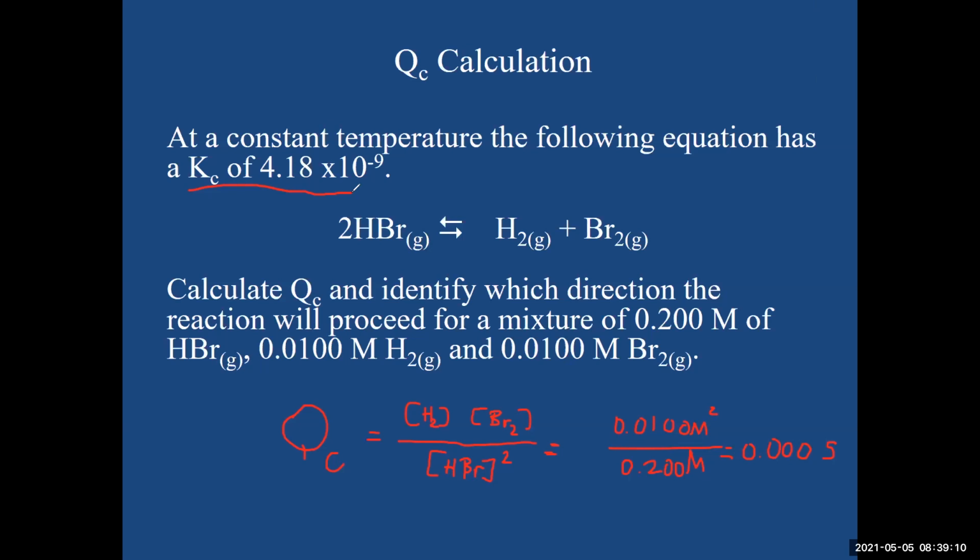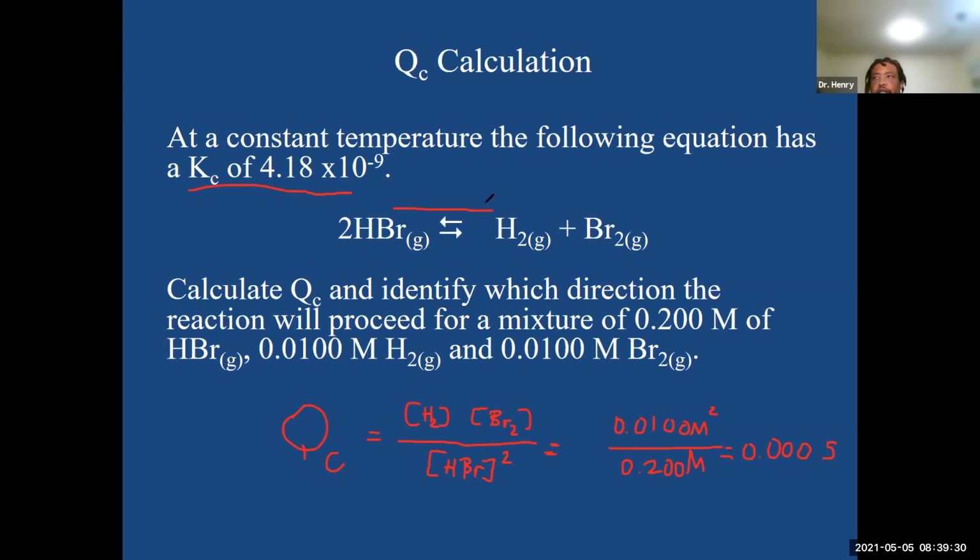Smaller. Definitely smaller. The reactants. Okay, so is it going to be going left or right? So you said it favors the reactants. Okay, so it's going to be shifting to the left.